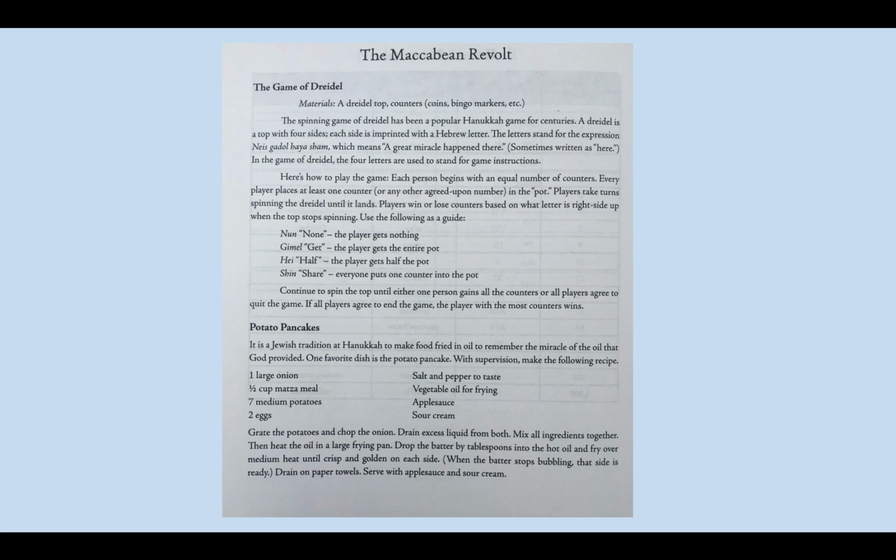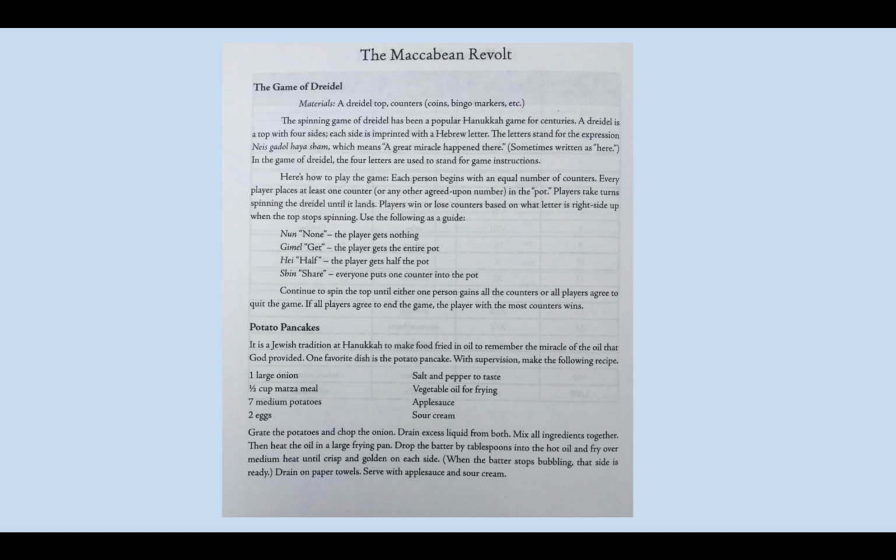Second thing, for all of you chefs, another Jewish tradition at Hanukkah is potato pancakes. And it's fried in oil to remember the miracle of the oil that God provided. Remember, they had 1 day of oil, and yet it burned for 8 days. A favorite dish is potato pancakes, and this involves using an onion, potatoes, eggs, some matzah meal.